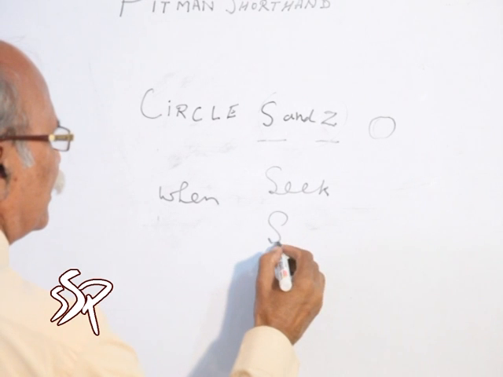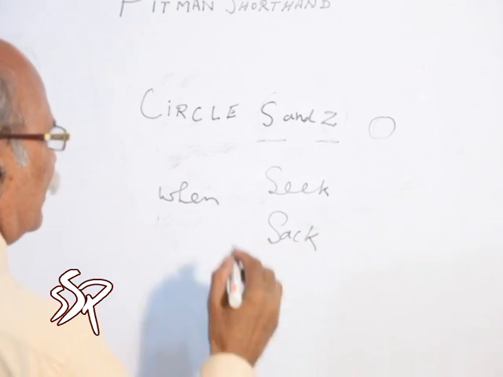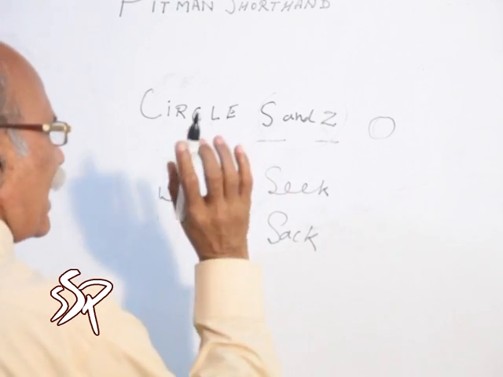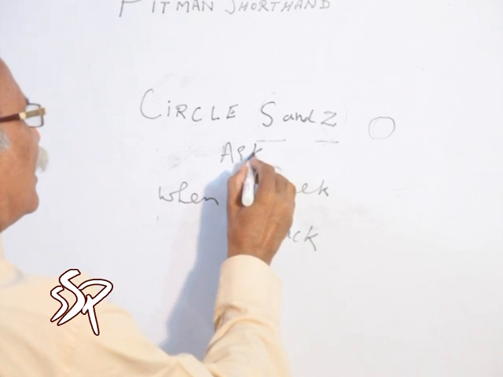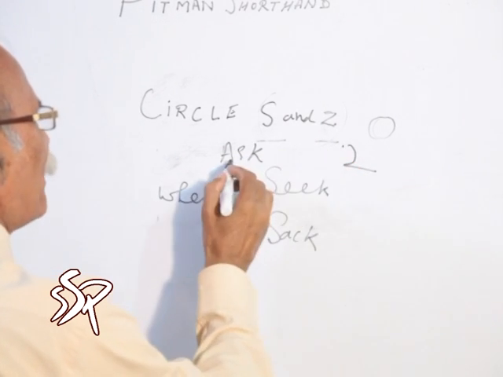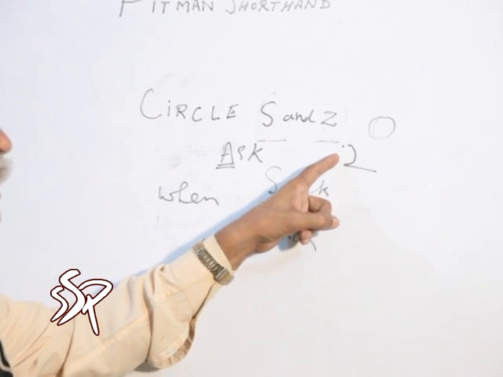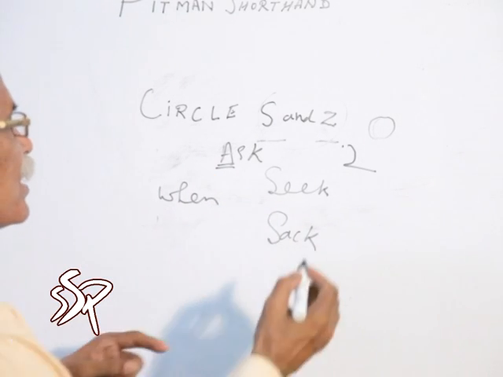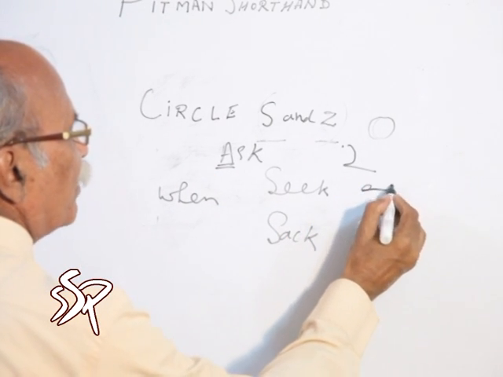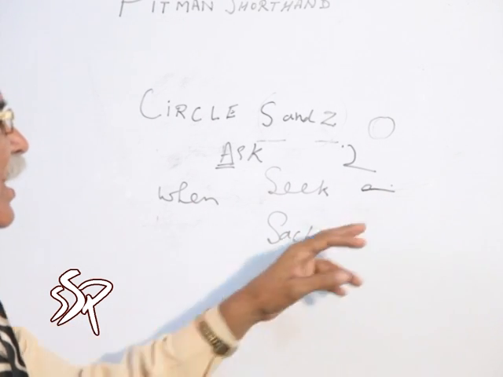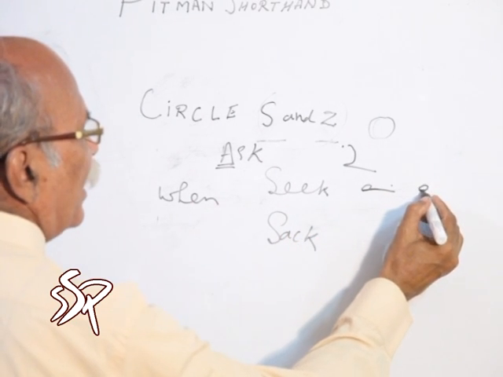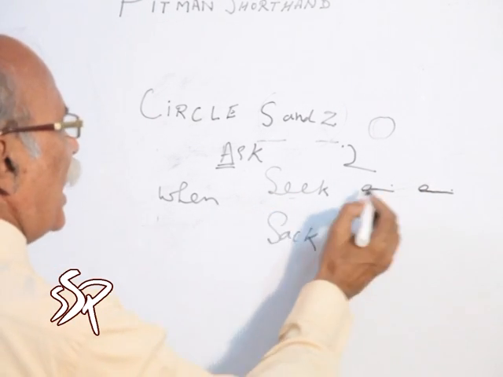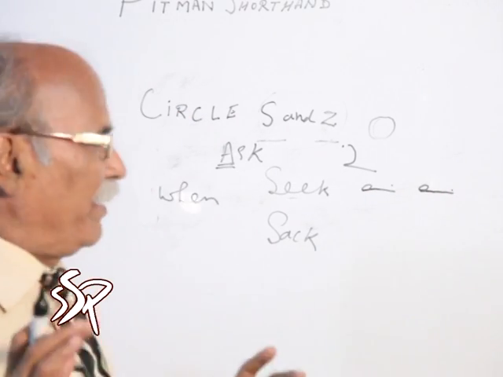So when a vowel is not used before S and Z, the circle is used, like seek, sack, ask. Here the vowel is not used before the consonant, so seek. The circle is used for S and the stroke for K, and vowels are placed where required.